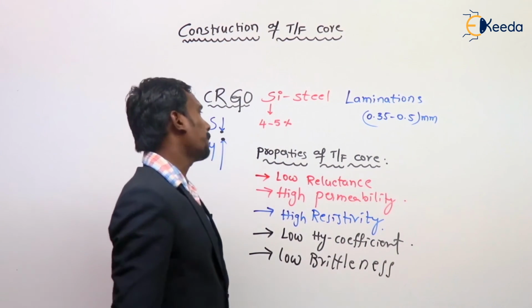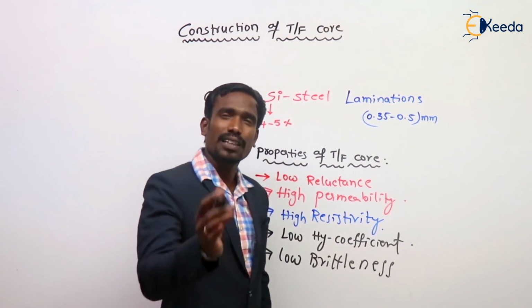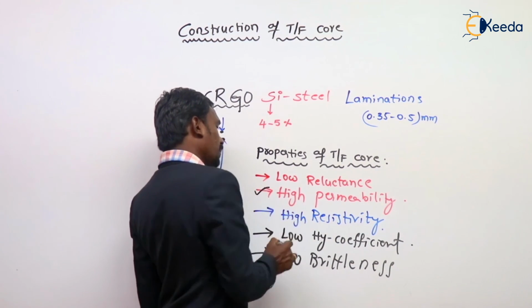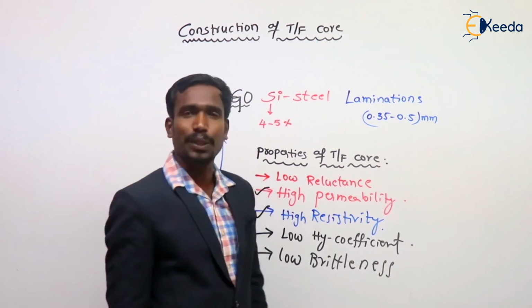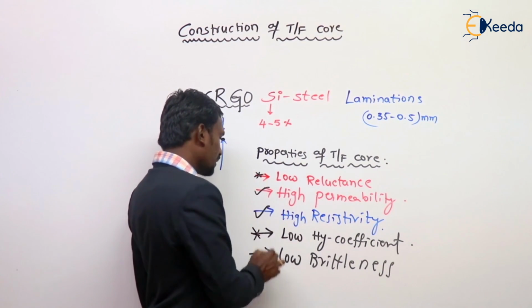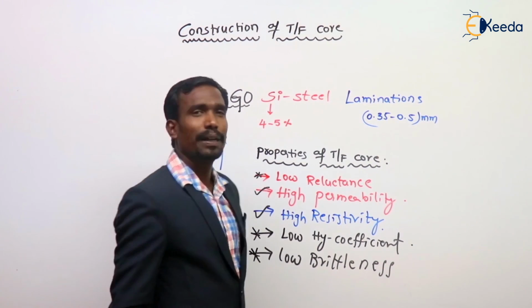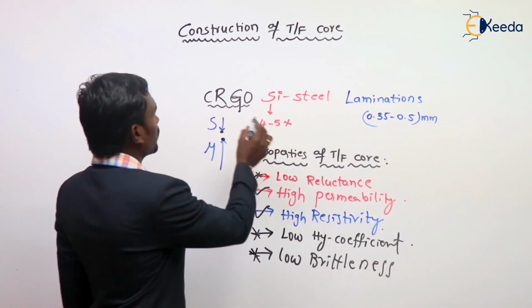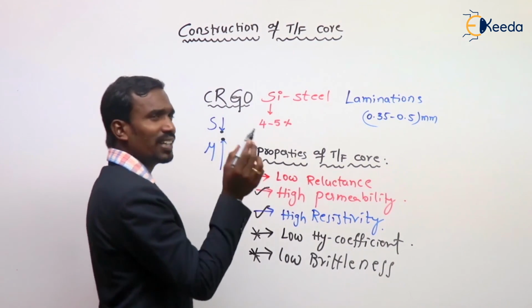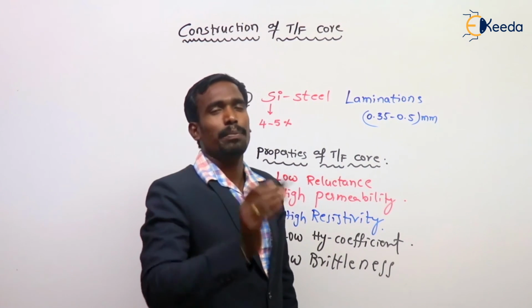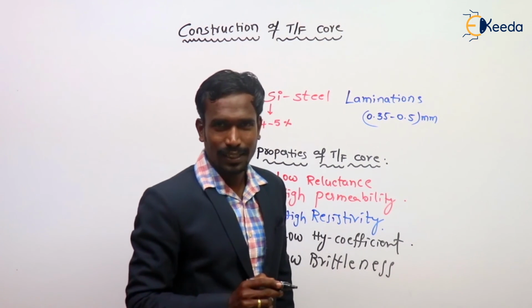These are the properties of our transformer core: high permeability, high resistivity, low reluctance, low hysteresis coefficient, and low brittleness. These are the transformer core construction and its properties. Okay, thank you.